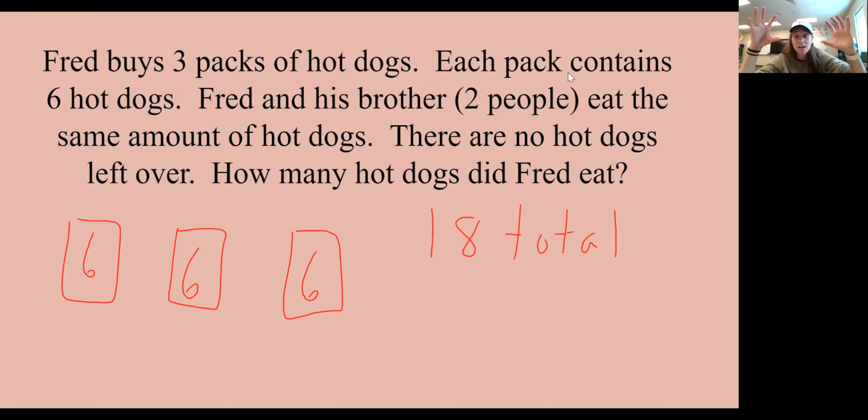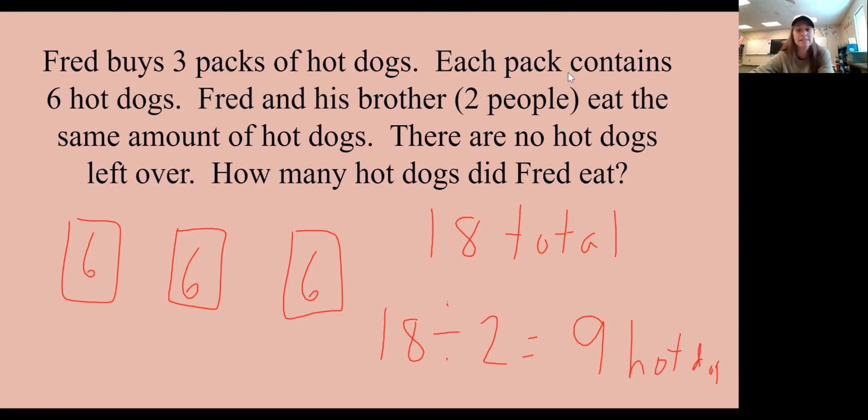So you're going to do 18 hot dogs divided by 2 people because it says there are no hot dogs left over to figure out how many hot dogs Fred ate. Okay. So if you have 18 hot dogs total divided by 2 people, each person is going to get 9 hot dogs. So our friend Fred is going to have 9 hot dogs and he's going to be very sick because that's a lot of hot dogs to eat.